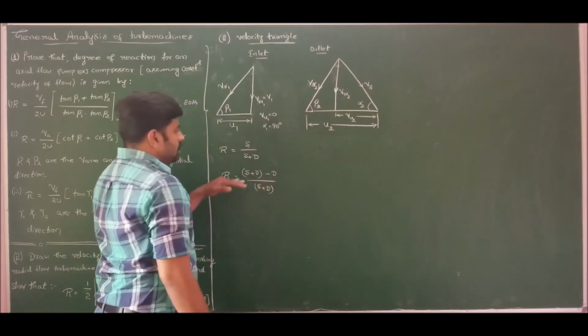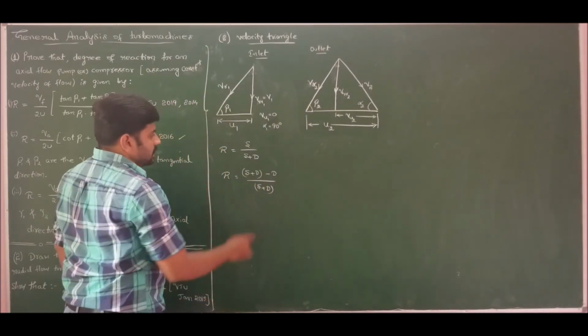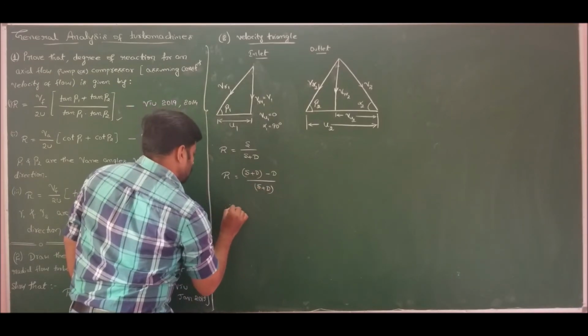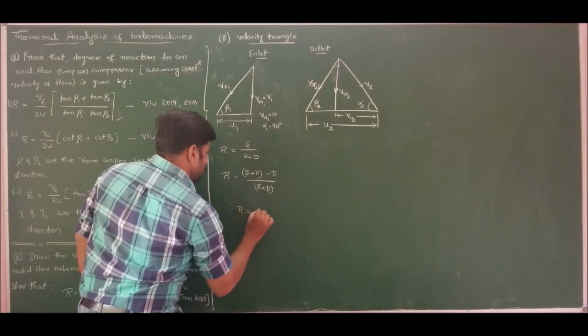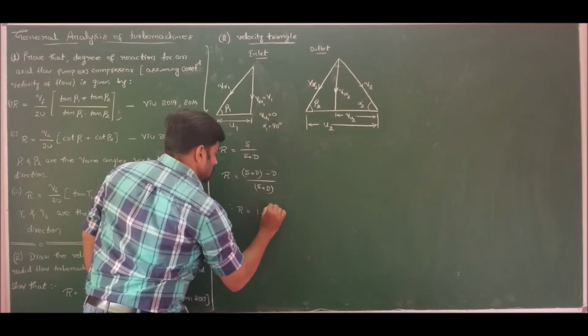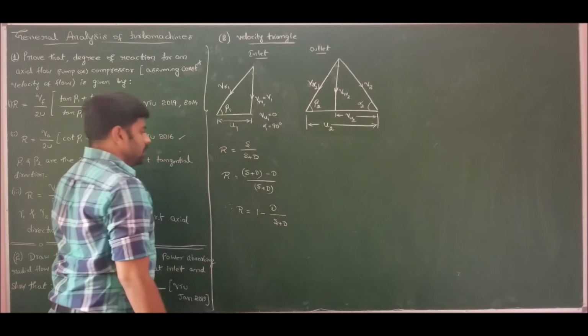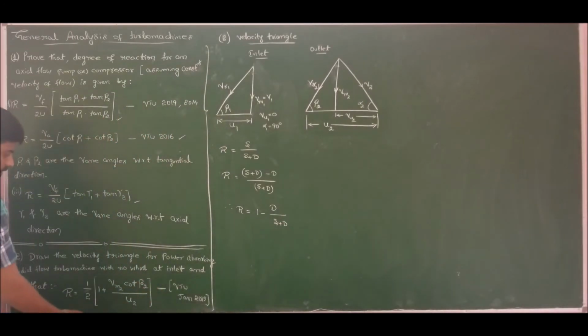That is, static plus dynamic component of energy transfer minus dynamic component of energy transfer, by static plus dynamic component. So the degree of reaction is equal to 1 minus dynamic component of energy transfer by static plus dynamic component. Now it somewhat looks like the proof being asked, that is 1 plus something, so I should use this form.